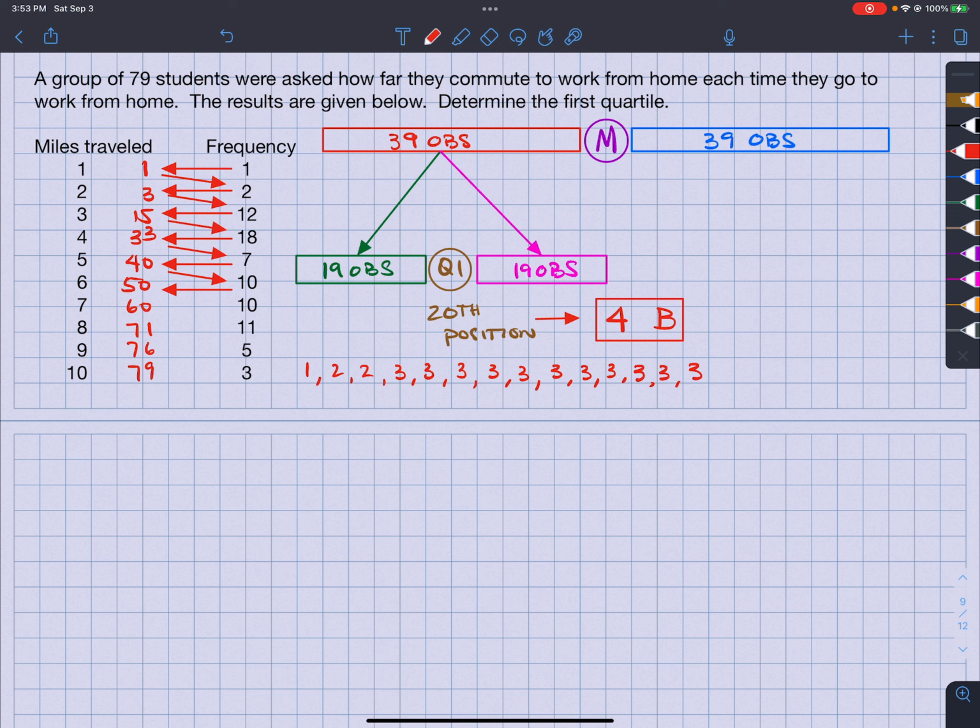Let me see how many. 2, 4, 6, 8, 10, 12. And then 4 starts, and there's 18 of those. So 4, 4, 4, 4, and so on.